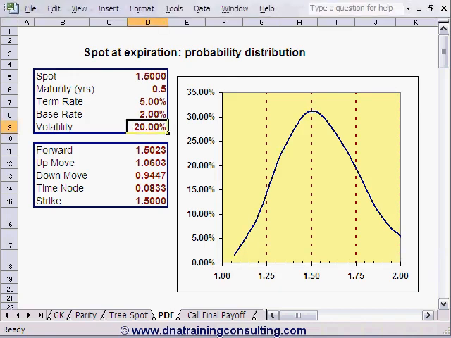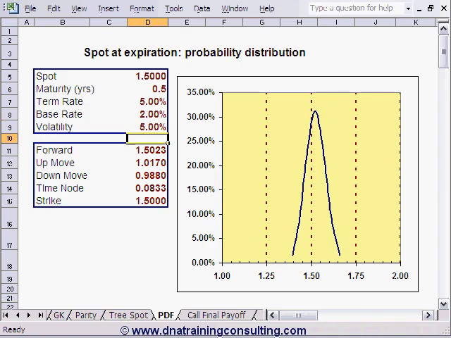Reducing volatility to, let's say, 5%, you can now anticipate, would cause this graph to narrow very significantly and become very much clustered around the forward.